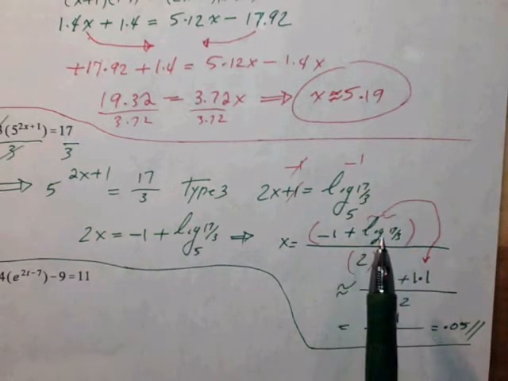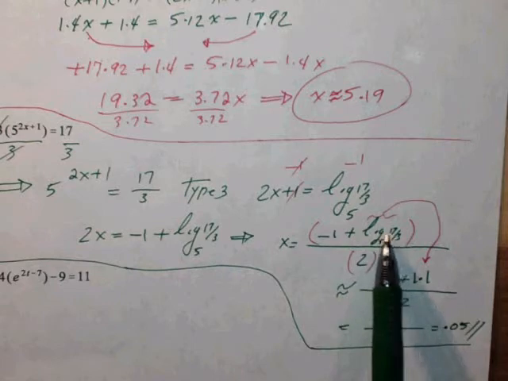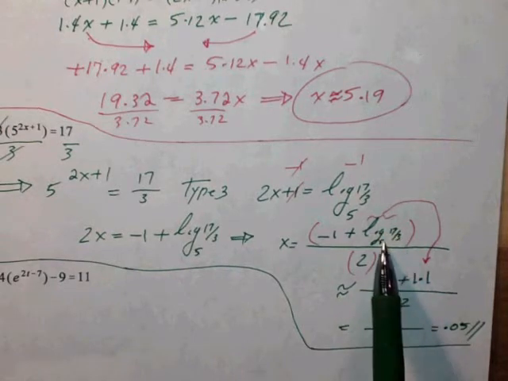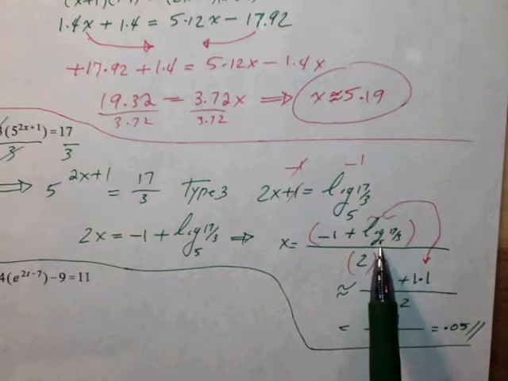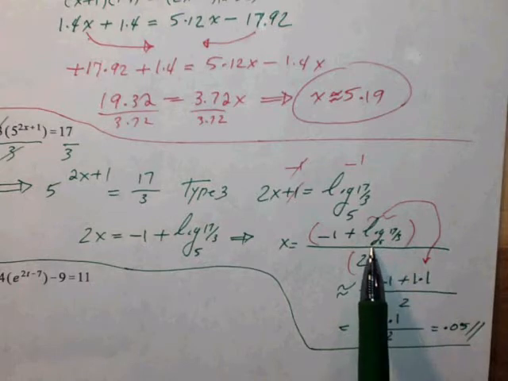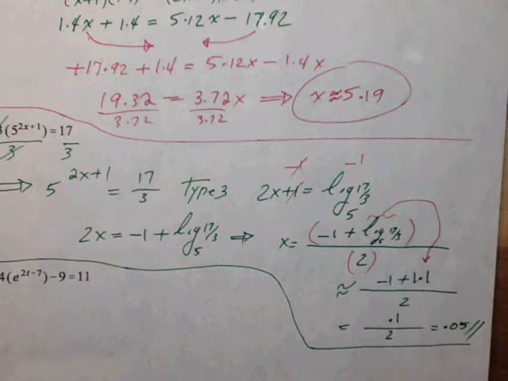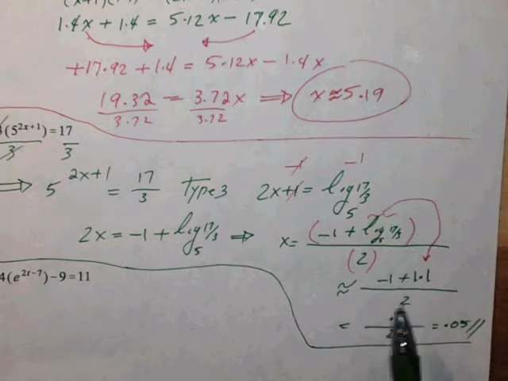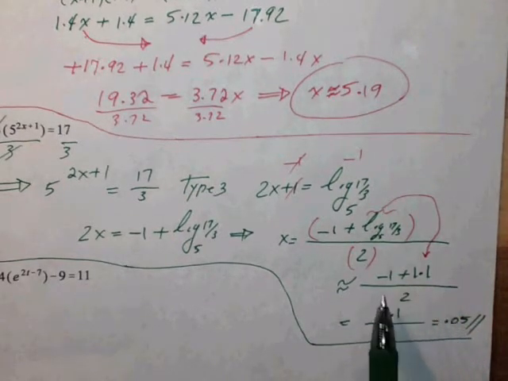That's what you get. And then I use my calculator to compute log of 17 over 3 to base 5 by using the change of base formula, or the other feature that I discussed in section 3.3. So if you carry all the way, you get 0.05 for this one.